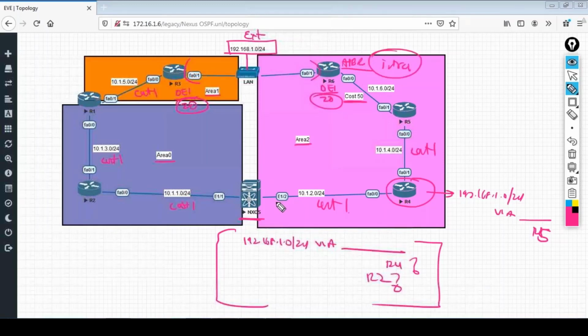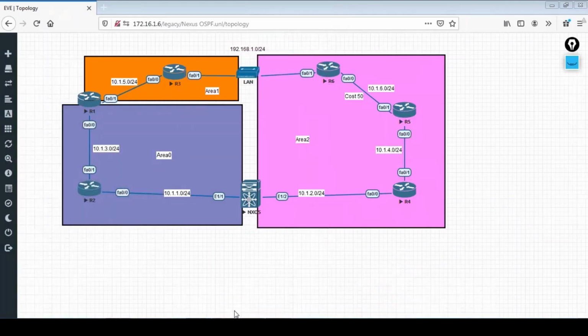It is part of our area. Whereas this ASBR is, for us, inter-area. It's not part of our local area. It is part of a different area. So that logic Sandeep is applying, and he says it is router 4. But what Raj said was based on the cost calculation. He said, as we are looking at the cost value, R2 seems to be the shortest path.